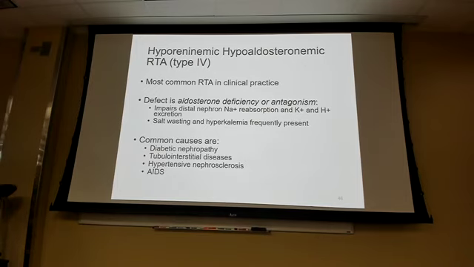Type 4 is usually something that you're going to see because of diabetes. Diabetes results in a nephrosclerosis, which we'll learn about soon.